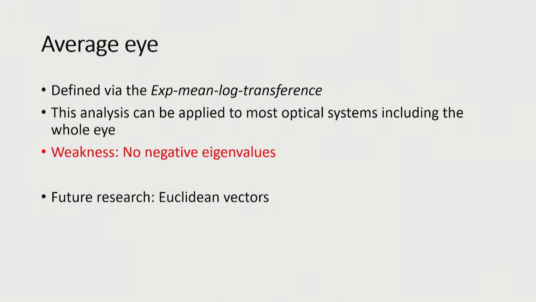But fortunately, future research is going to go into Euclidean vectors, where we are going to show the whole eye as a whole, calculating on it and then showing exactly, because that is the end result. At the moment, we can change the heart, we can change kidneys, but we can't change the eye.